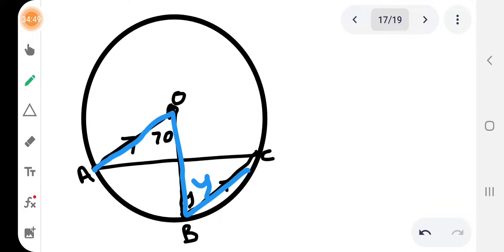So in this case, we know that AO is parallel to BC.